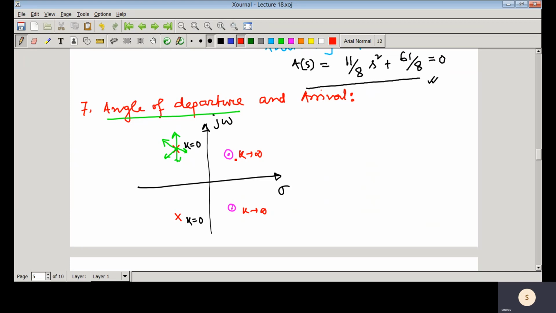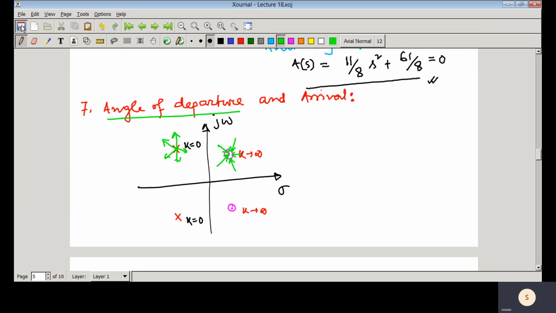When they are complex conjugate zeros, the same thing happens, just reverse to the open loop complex conjugate poles: along which direction it will reach this particular zero. That angle is called the angle of arrival.